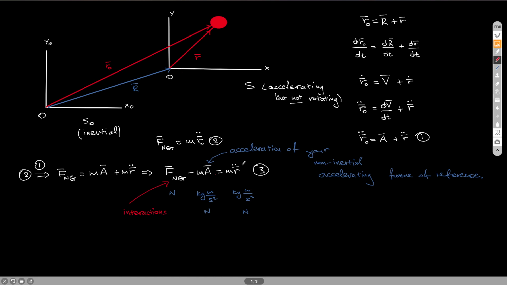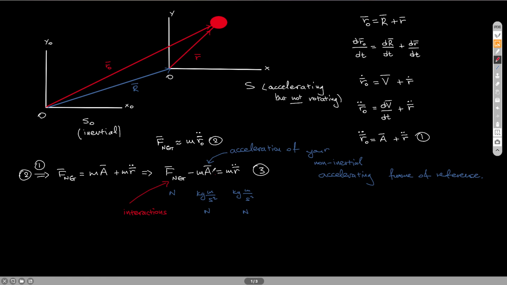The acceleration, the r double dot here on the right side, the acceleration of the system with respect to the non-inertial frame of reference does depend on the mass times the acceleration term that I have on the left side. So does this term affect the motion with respect to the non-inertial frame of reference? Yes, it does. If you're using a non-inertial frame of reference, you have to use it.